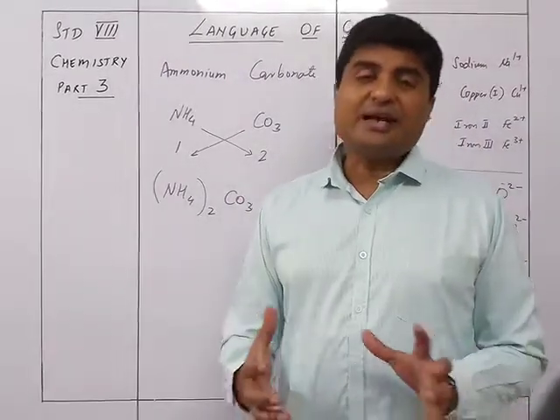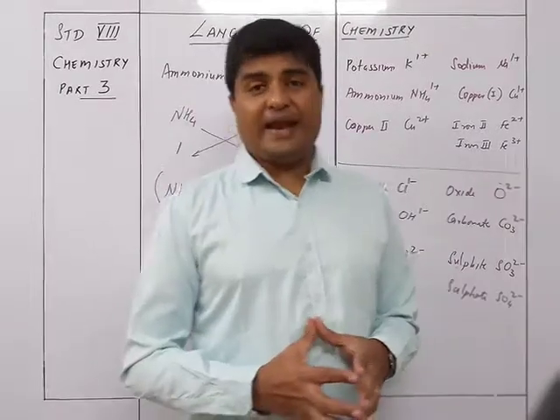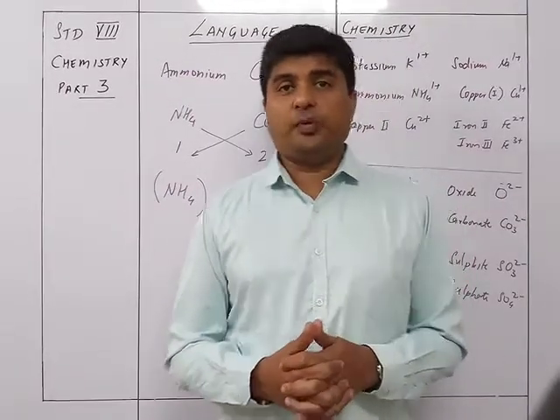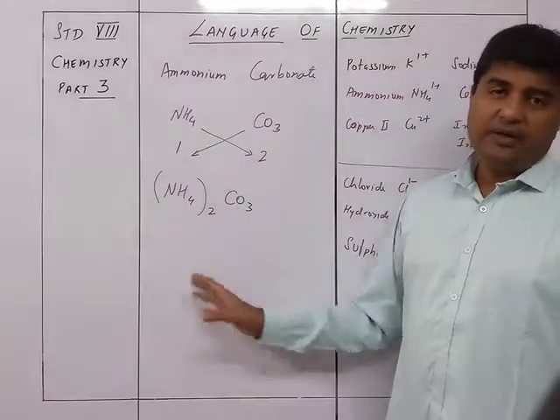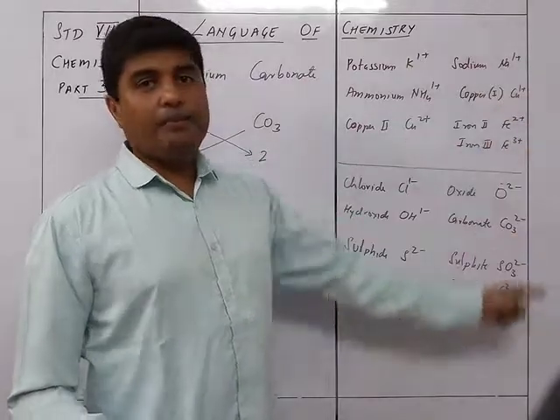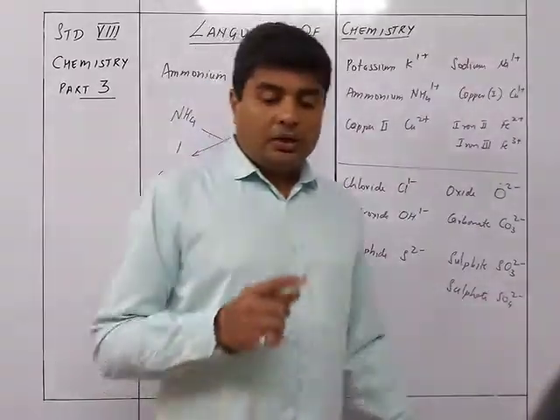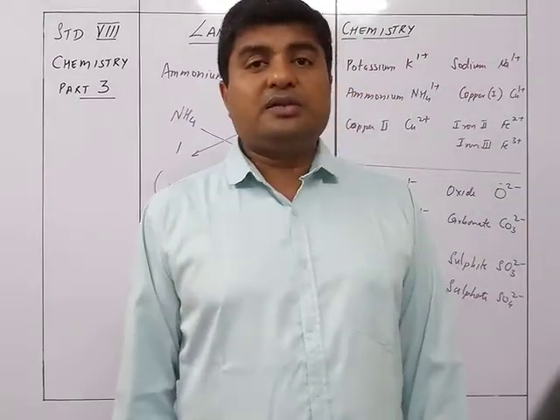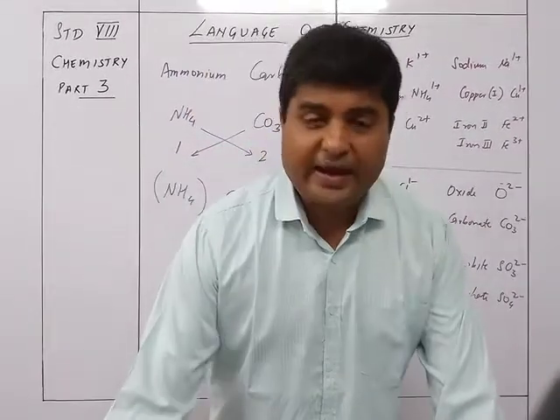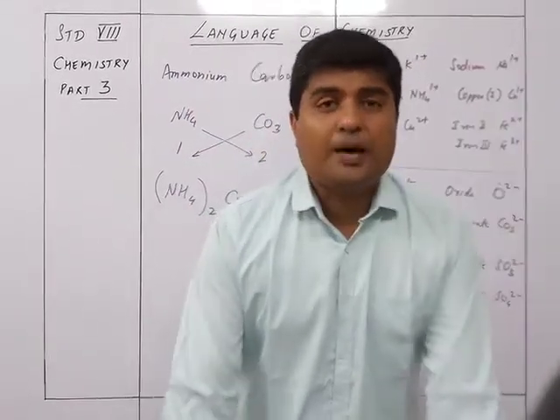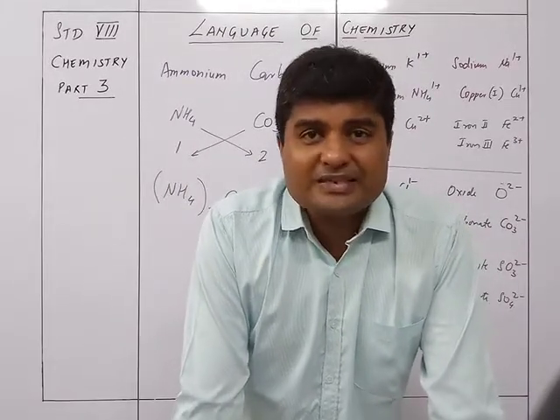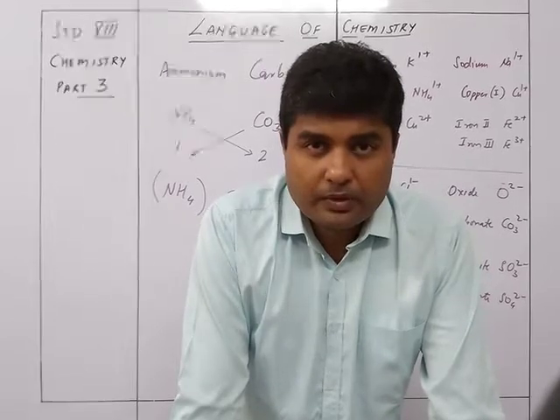Got it? So this is how you are going to frame, or find out how you are going to frame this particular kind of formulas using the very important radical chart. Now remember that this chart will help you to frame only those compounds which are combinations of metals and non-metals.